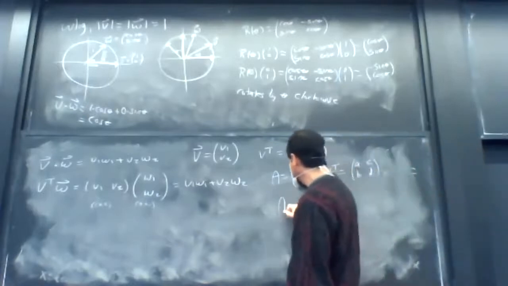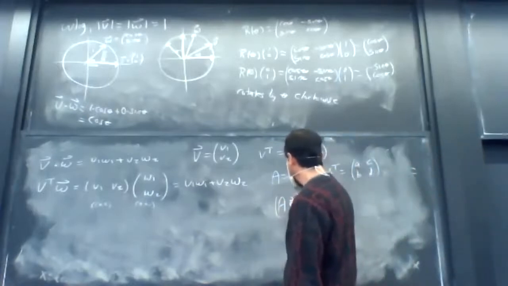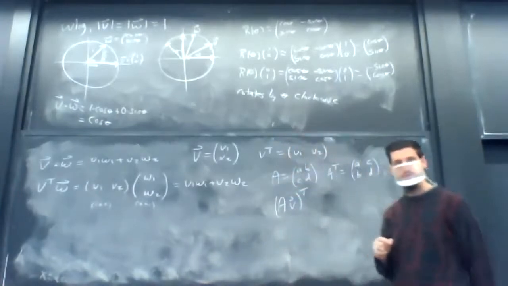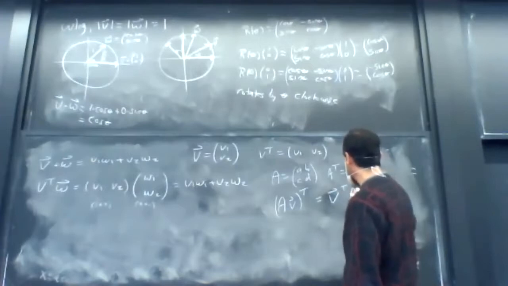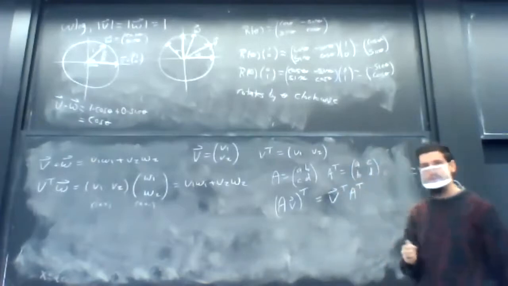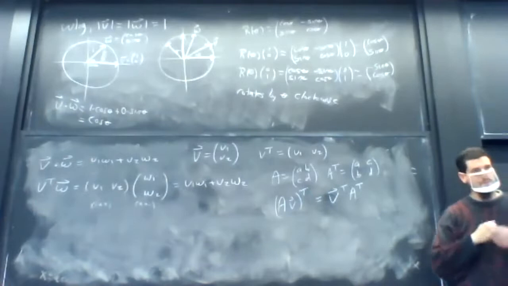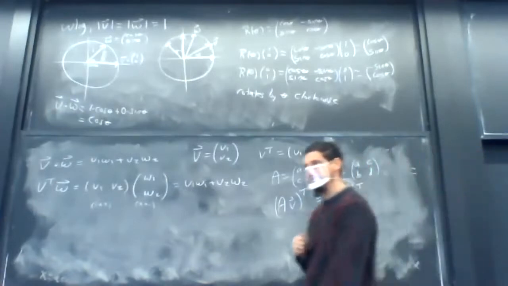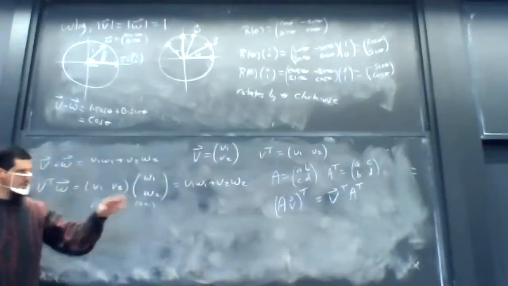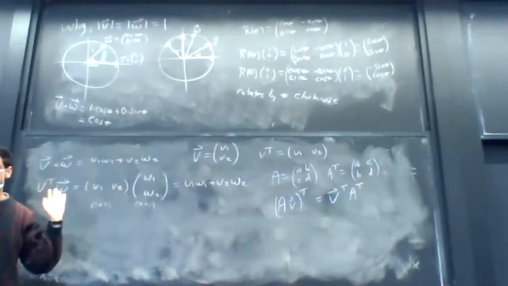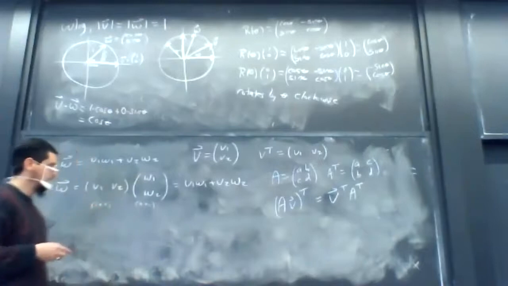If you do the calculation, if I have V acted on by A and I take the transpose, this is the same as V transpose A transpose. So when you take the transpose, you flip the order and take the transpose of each. These are just calculations you can do. It's okay if you're not following every single step. I just want you to have the broad overview.